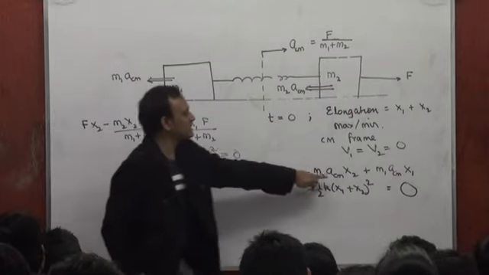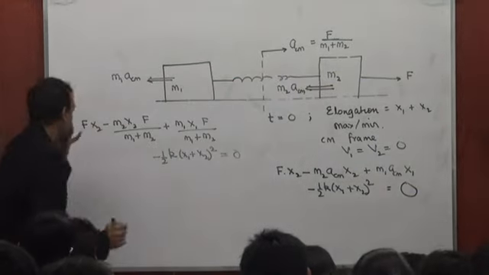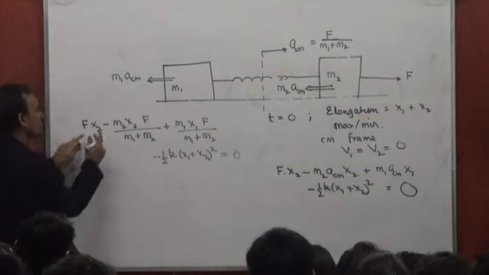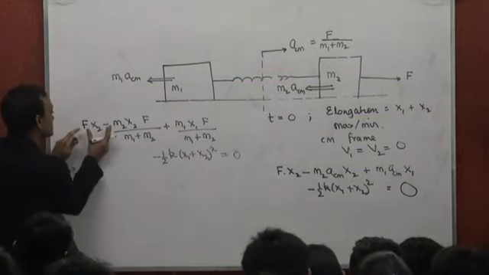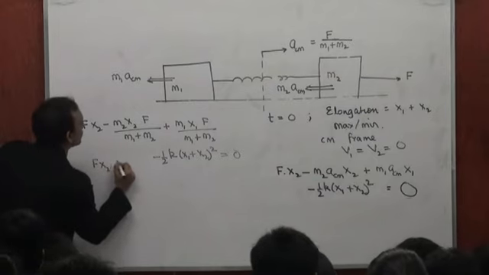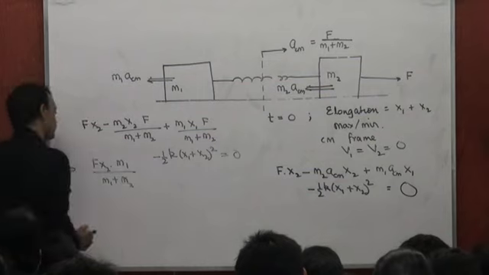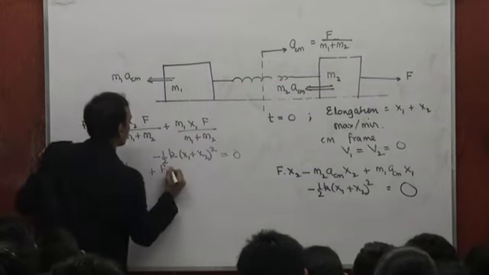I have replaced the acceleration of the center of mass by F by (M1 plus M2). If I take F x2 common from this, then I'll have F x2 into M1 by (M1 plus M2) plus F x1.